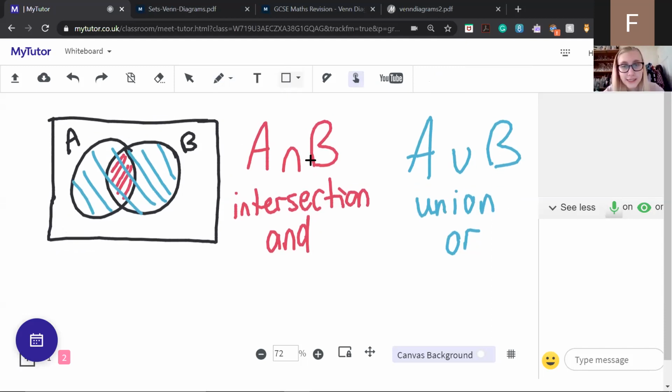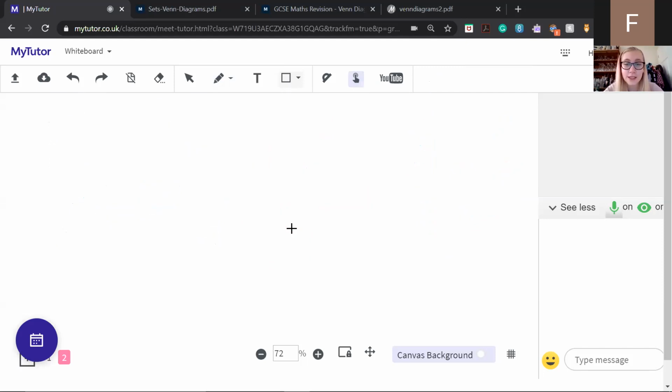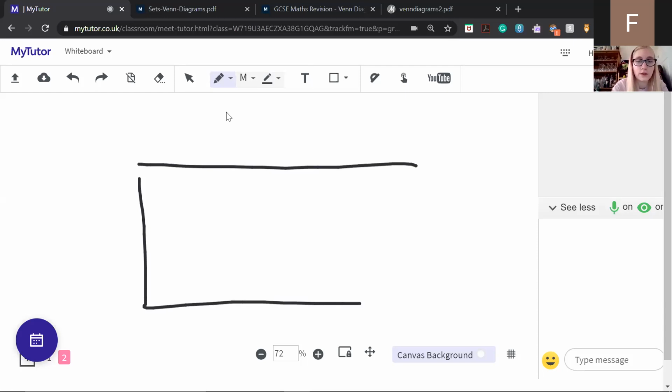And we can use these to shade lots of weird and wonderful things on the diagram. So hopefully this makes sense. So we can have some questions, for example, that say, let's have a look at this.